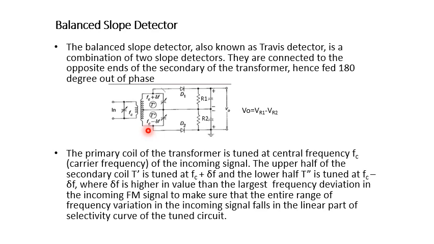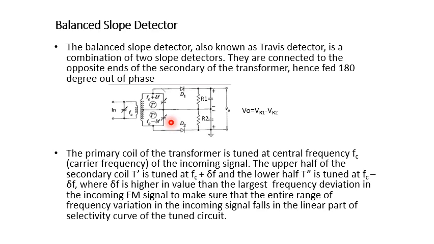And Fc minus delta F, which is the resonant frequency of the lower circuit, is much smaller than the lowest frequency deviation or the lowest frequency present in the incoming FM wave.